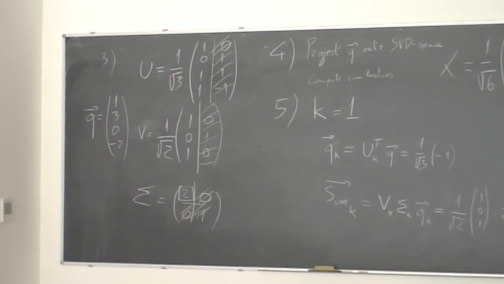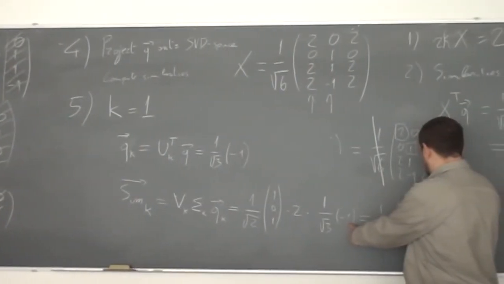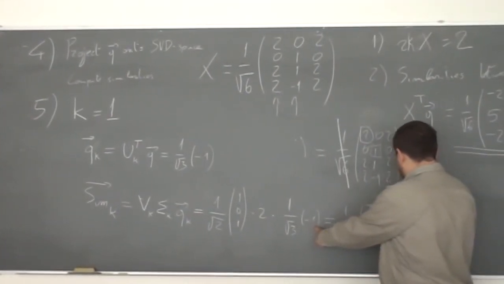So the approximate similarity is 1 over square root of 6 times minus 2, 0, minus 2.